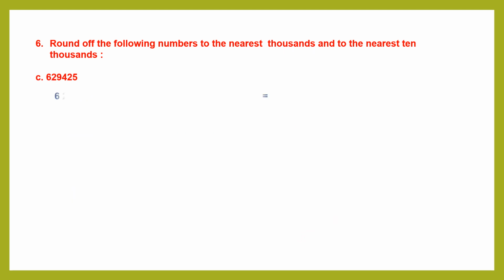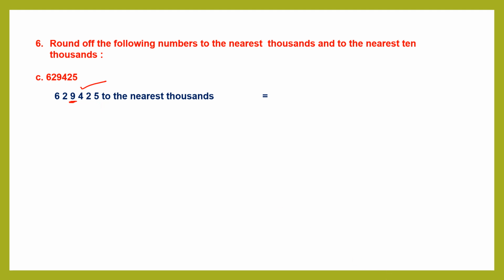Question C. So first we're going to round it off to the nearest thousands. So let's look at the digit in the thousands place. Ones, tens, hundreds, thousands. So 9 is in the thousands place. Look at the digit to its right. It's less than 5. So 9 will not change. It will remain the same. All the digits to the left of 9 are the same. All the digits to the right of 9 will become zeros.